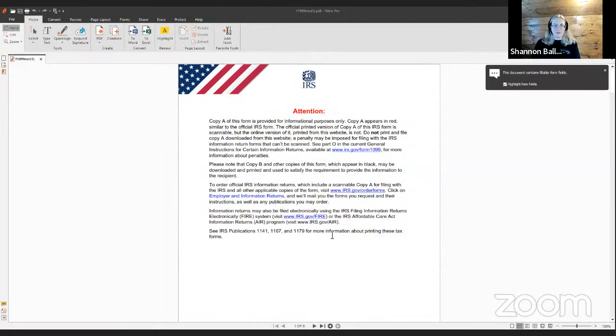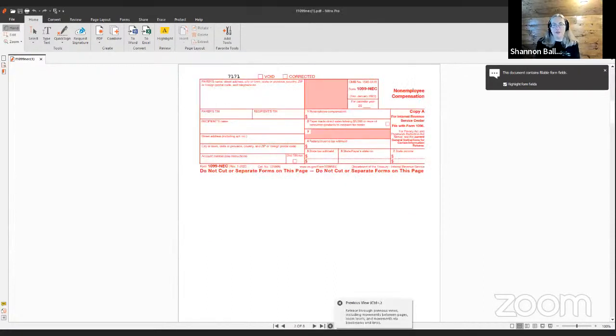This is actually the form, and it gives some information about the form, and we're just going to skip right ahead to the form. I'm showing the 1099 NEC because this is going to be the form that most people are going to be filling out.